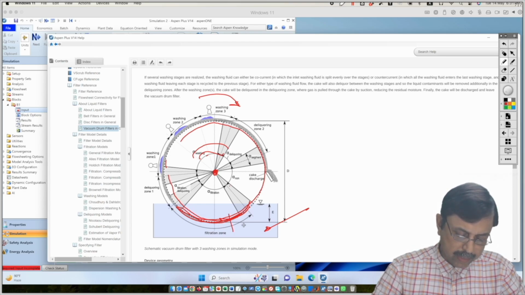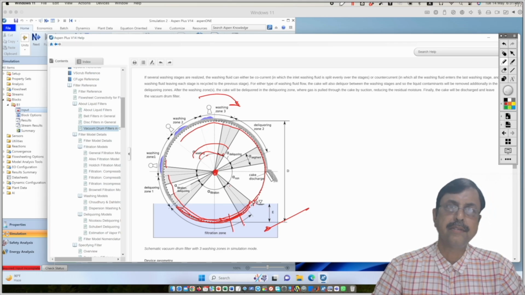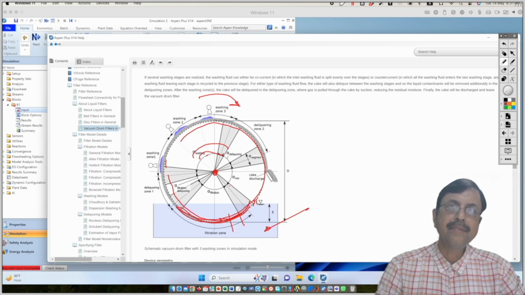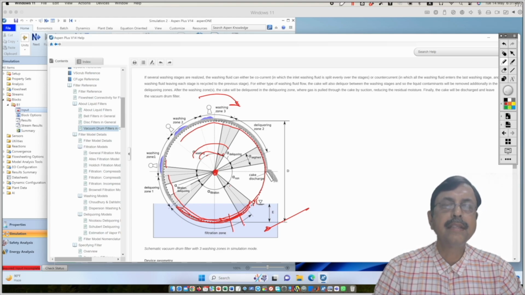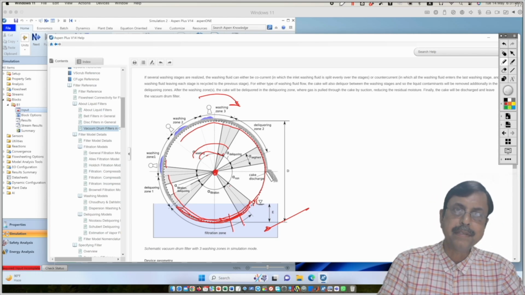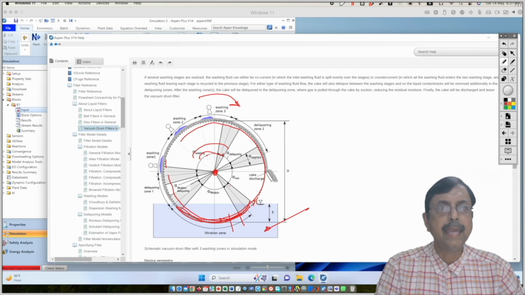Due to the vacuum, liquid passes through the filter cloth as well as the perforations, while the solid material cannot pass through and remains on the cloth, forming a cake. As time progresses, more and more solid deposits on the surface and the cake becomes thicker and thicker. As the rotation happens, the entire surface of the cylinder is covered with the cake.